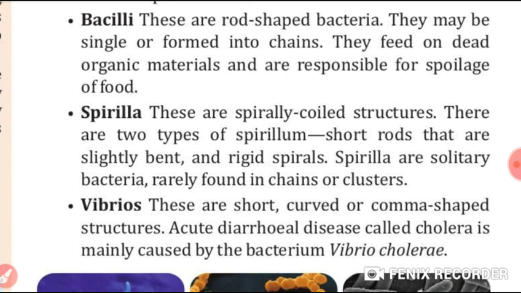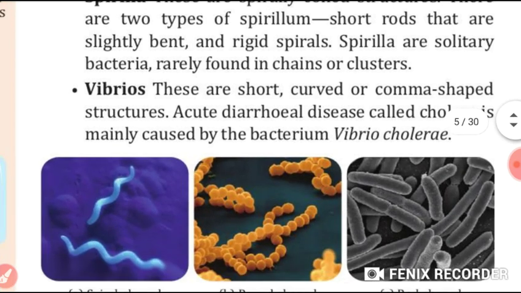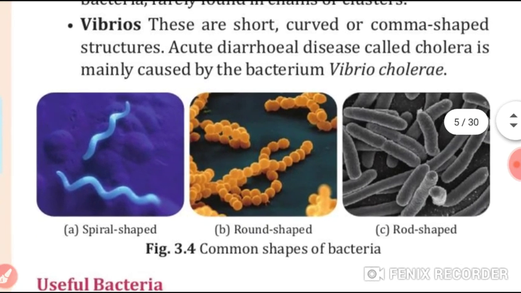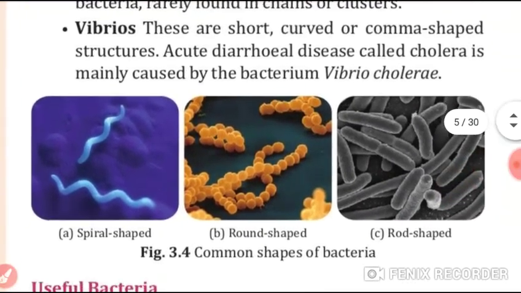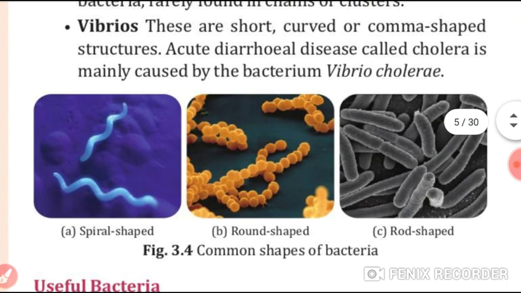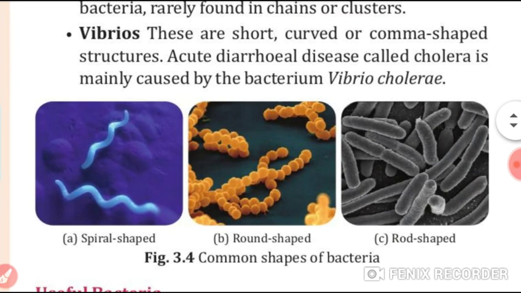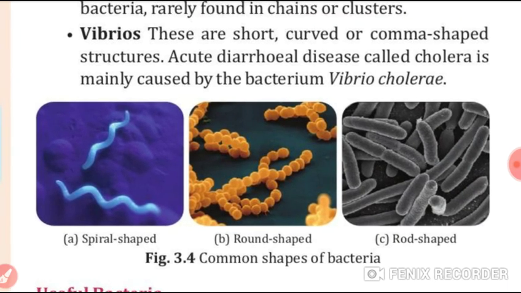Spirilla are spirally coiled structures, students, and there are two types of spirilla: short rods that are slightly bent, and rigid spirals. And vibrios, students, are short, curved, or we can say comma shaped. The acute diarrheal disease called cholera is due to Vibrio cholerae.